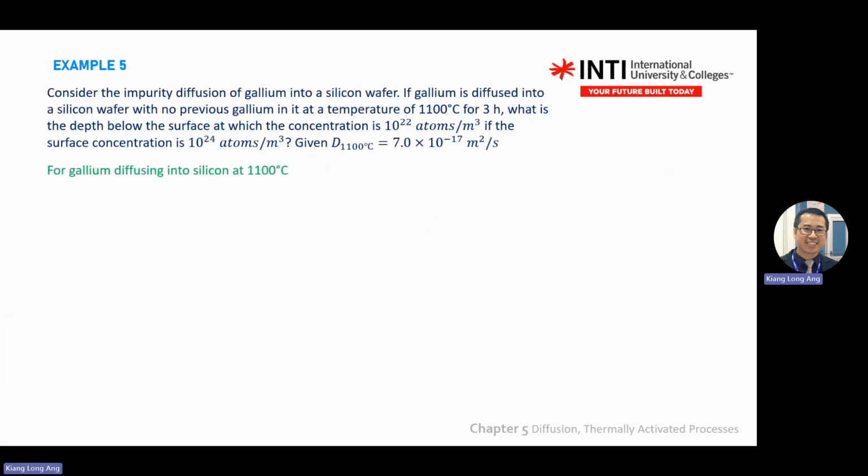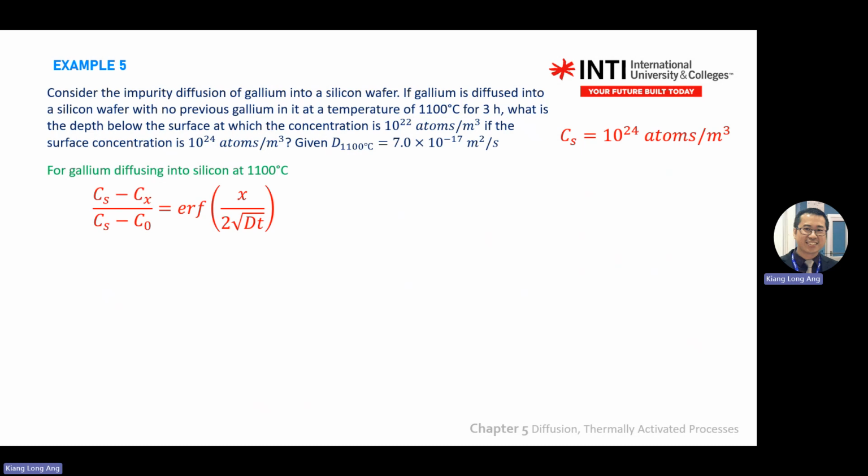Read number 5. It asks, if gallium is diffused into a silicon wafer, this is a chip, with no previous gallium at a temperature so and so for 3 hours, what is the depth below the surface at the concentration given? If the surface concentration is given by this one.